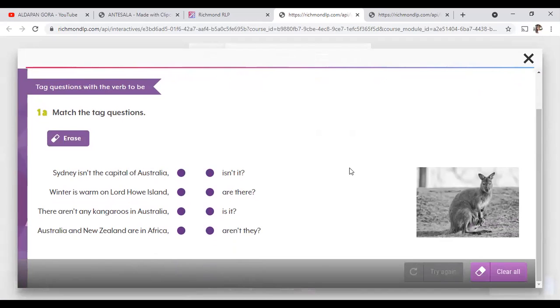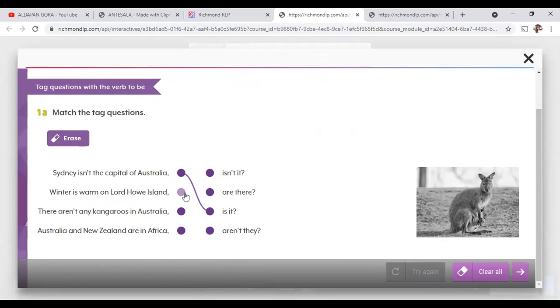Exercise number 1, we say Sydney isn't the capital of Australia. Is it? You're gonna say, okay, is it? The next one, winter is warm on Lord Howe Island.